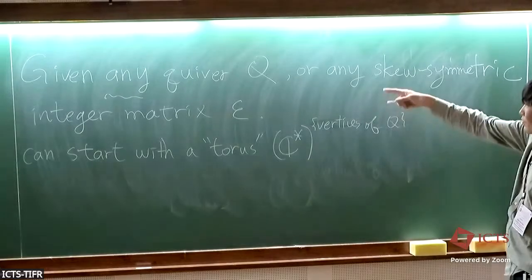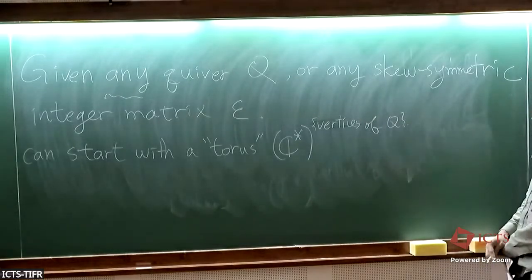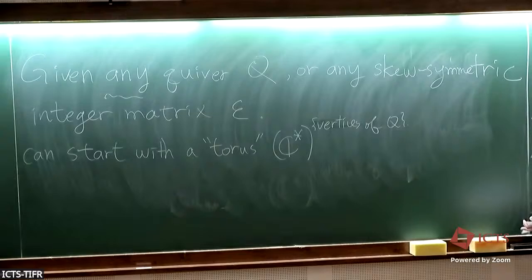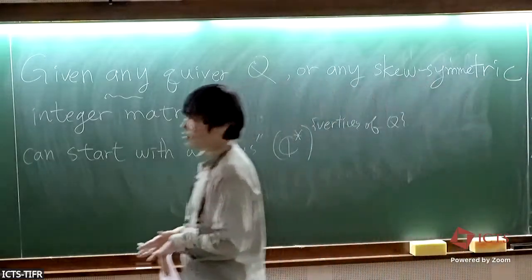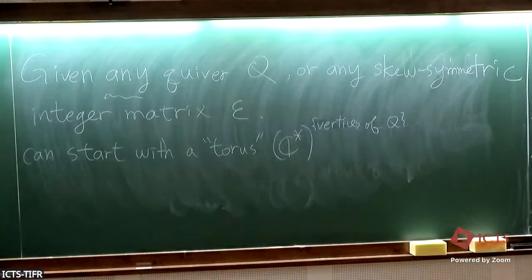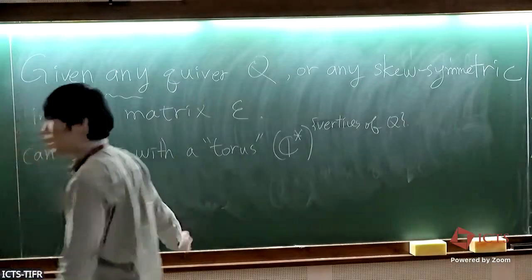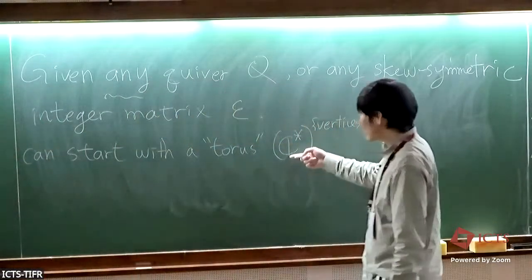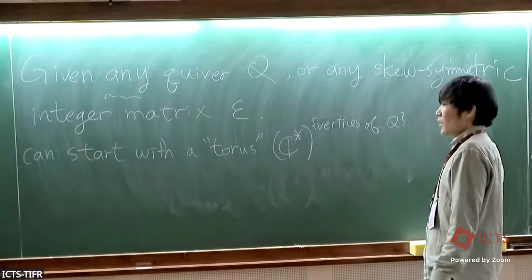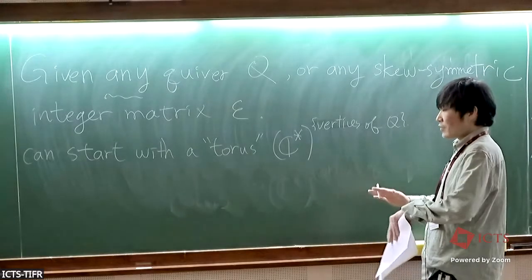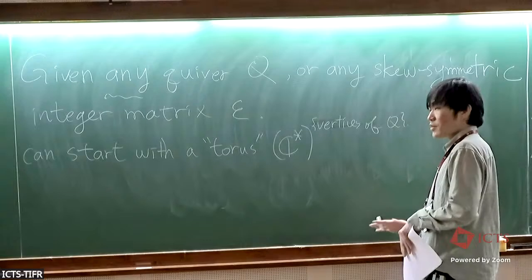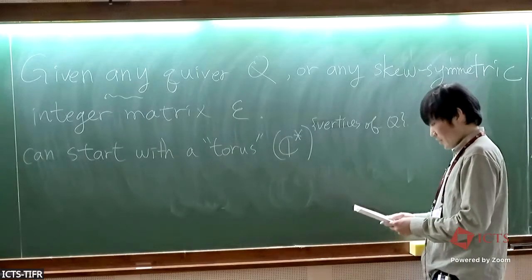So if this quiver has m vertices, this would be C star to the m. Each such quiver with variables attached corresponds to one torus, and each variable is a coordinate on the torus. And then we'll be gluing several tori along these cluster mutation formulas. That's what I'm going to do.